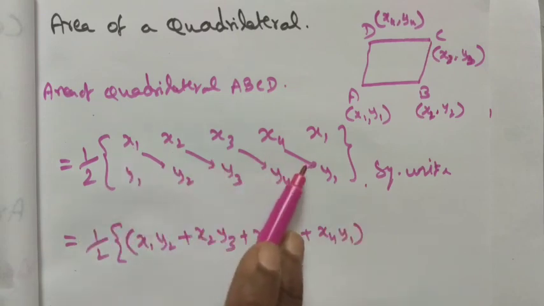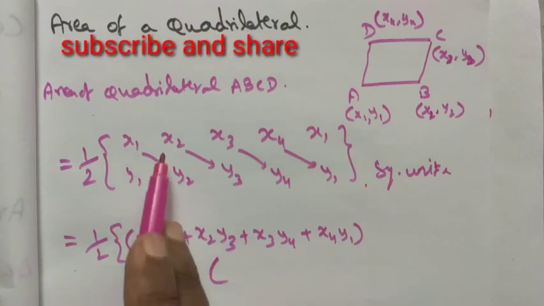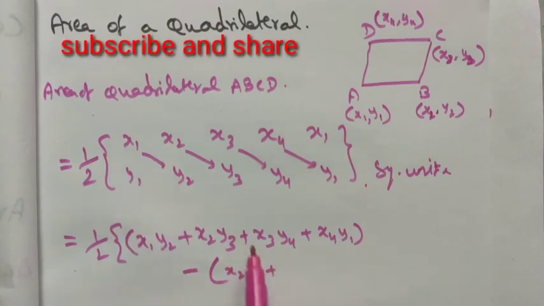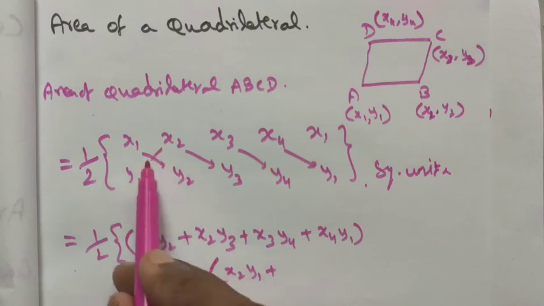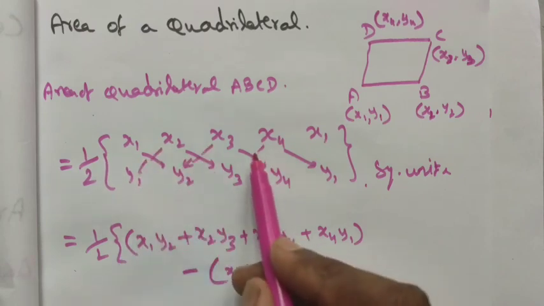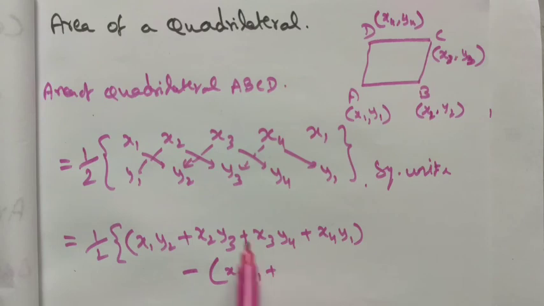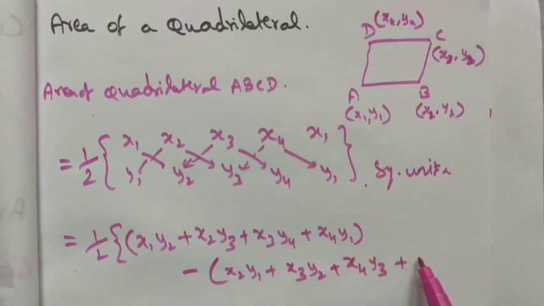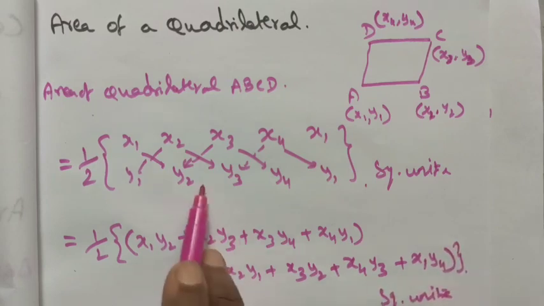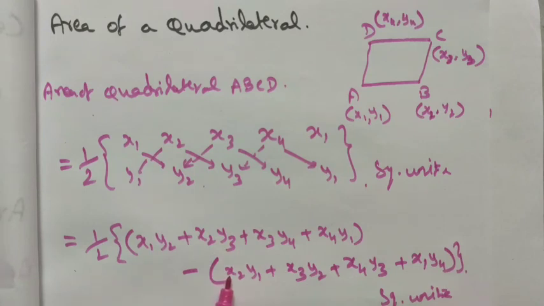The first term is multiplied, minus of the second term: x2 y1 plus x3 y2 plus x4 y3 plus x1 y4. This is the formula. Either we can write this or this to solve the problems. This is the area of the quadrilateral formula. Thank you, students.